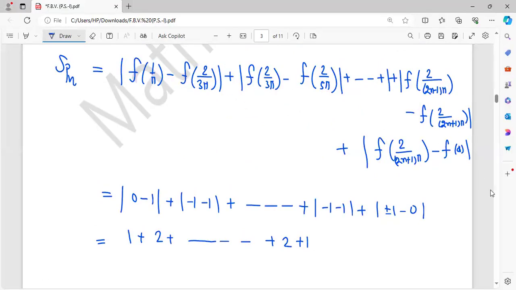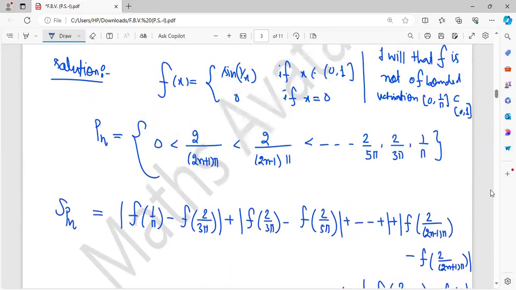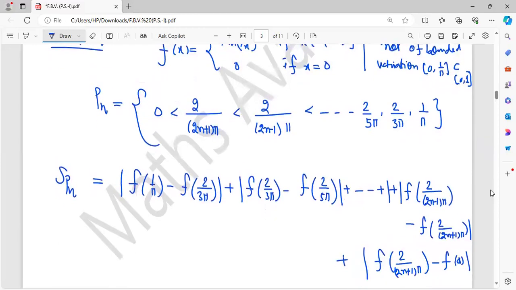How many points are there? 0, 1, 1, 2. It is 1, 2.